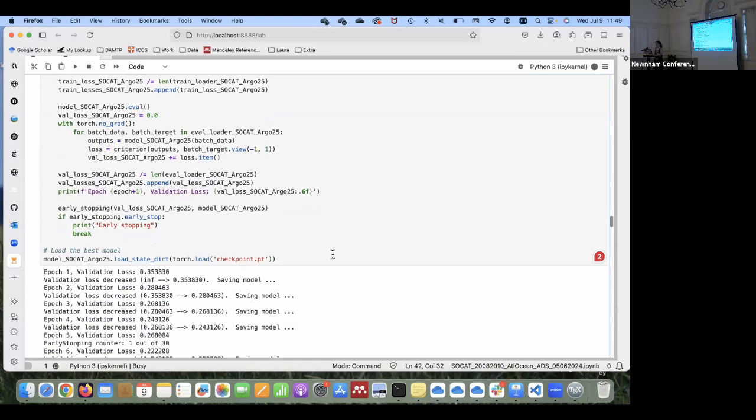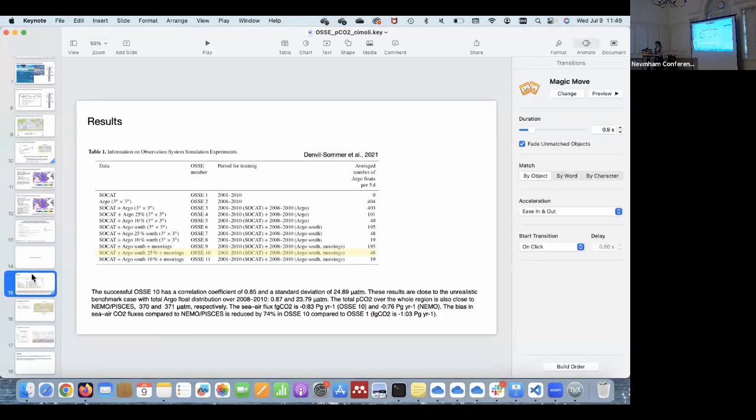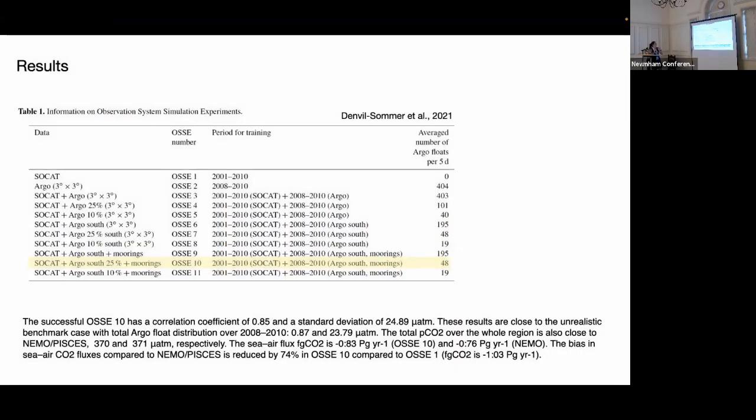While that is running for me, I'll go back to this. I just wanted to show you a bit more context. This is taken from a paper where we actually tested this. I never said this, but we call it an OSSE, an observing system simulation experiment.